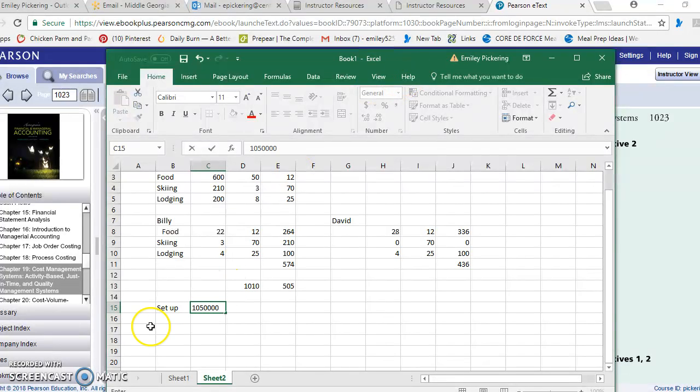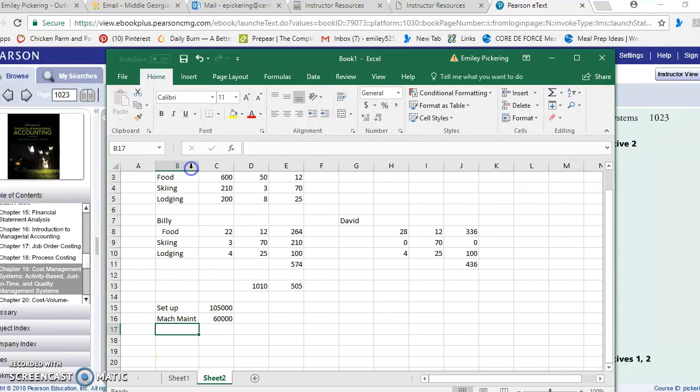And then we have machine maintenance. The cost of that is $60,000. I think I have an extra zero on this one. And then we have indirect manufacturing costs, and that is our total.